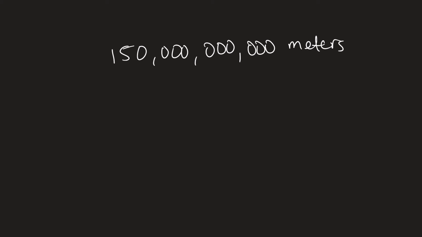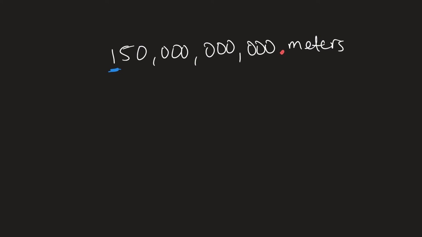Much like converting from different prefixes, one of the first things that you want to do is to be aware of where your decimal is. So in this case, the decimal's here at the very end of the number. Okay, now you want to move the decimal to where it is to the left of the very first non-zero digit. Okay, and in this case, the very first non-zero digit is this one here.